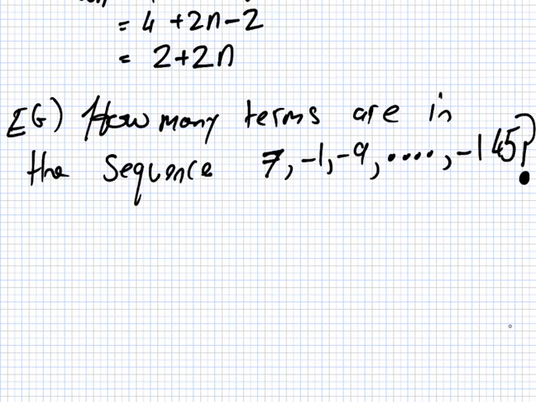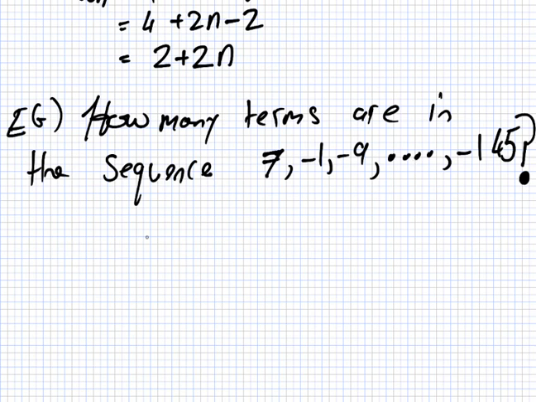So here I want to know how many terms I have. Well, it's going to be at least 4 because I have 4 numbers, but it's going to be more than 4. You see the dot dot dot? I don't know how many numbers I have. I have at least 4, but there's many more. I want to know how many I have.